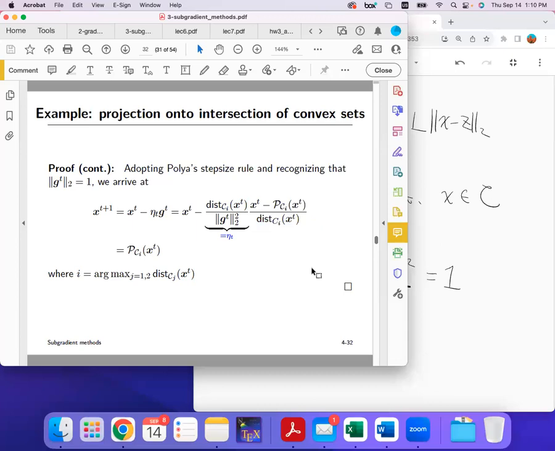Look, these two distances cancel out, g_t has unit norm so this is 1, so we only have this term left. Then x cancels with x. What is left is simply the projection of x_t onto C_i, the set that achieves the maximum distance among the two.